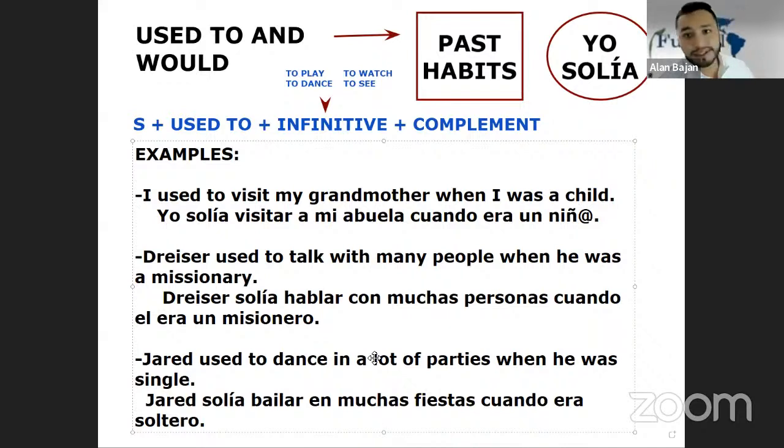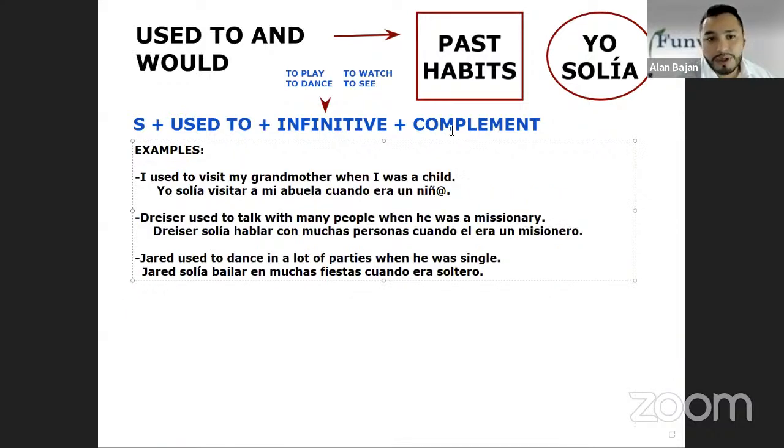So, as you can see, used to plus infinitive is very easy to express, right? So think about your childhood and write one sentence in the chat telling what things you used to do when you were a child.